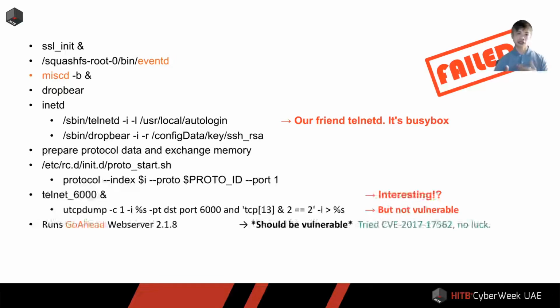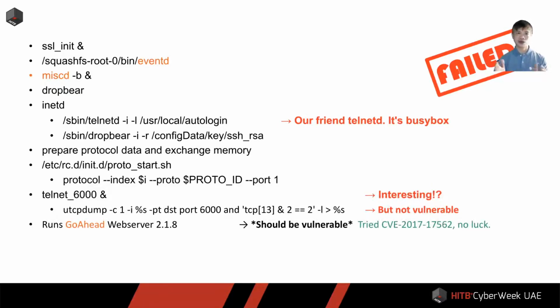Then there is a telnetd that takes telnet on port 23. It's a busybox. And there's something very interesting: there is a telnet6000 that listens to a UDP packet on port 6000. It's actually calling the system call to run a tcpdump command that has a %s.